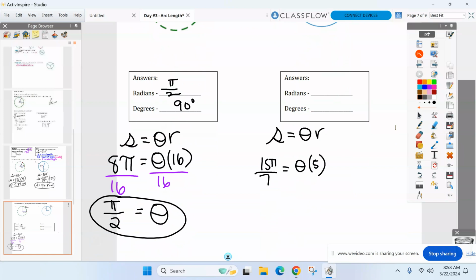All right, we had some issues in first period plugging this into our calculator, so make sure you can do this. Divide both sides by 5, right? 15 pi over 7 divided by 5. Make sure that's typed in correctly.